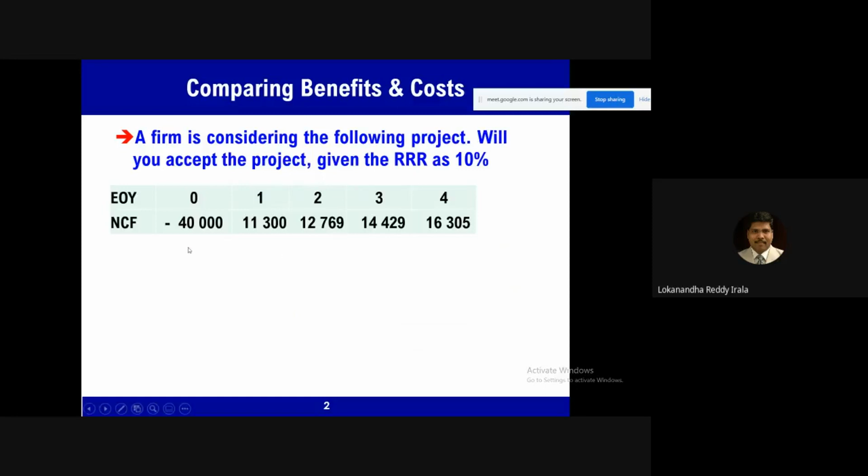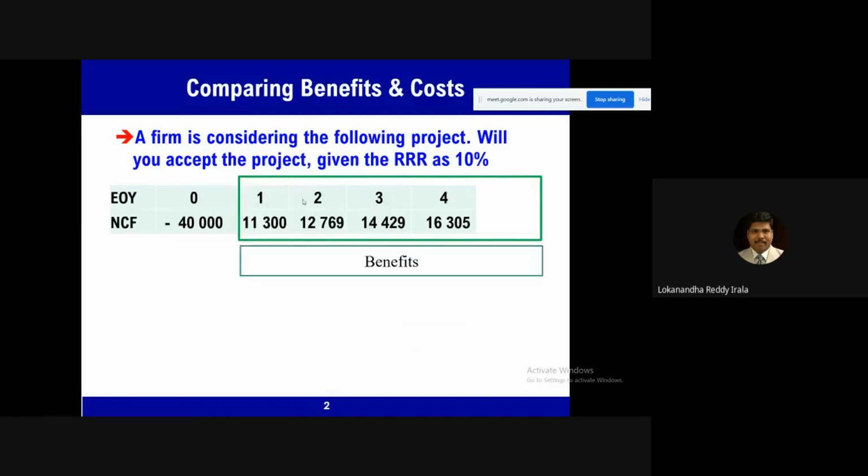If you were to decide, we can divide this cash flow stream into two components. What you see as cash inflows are the benefits from the project, and what you see as the cash outflow is the cost of the project. Now, you are all aware that we compare the costs and benefits, popularly known as benefit cost analysis.